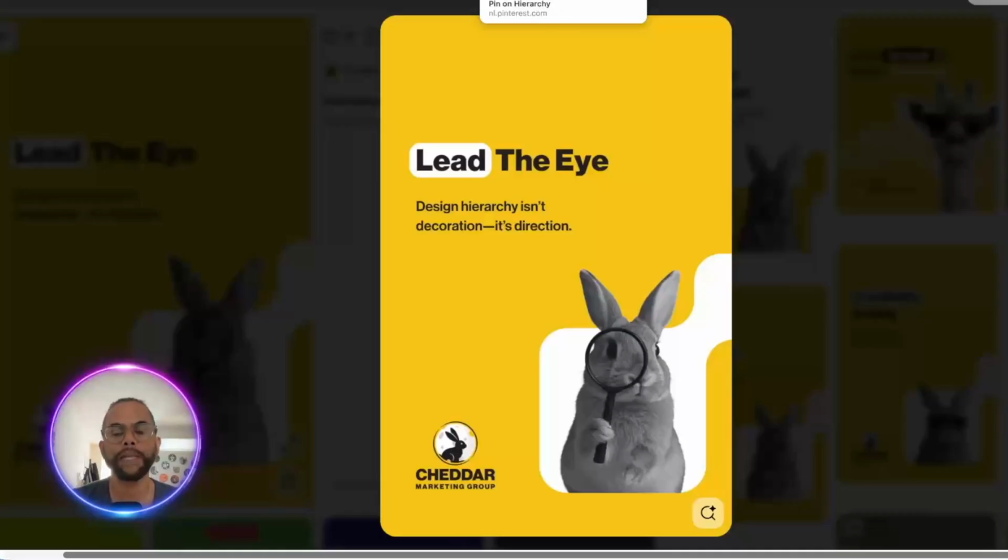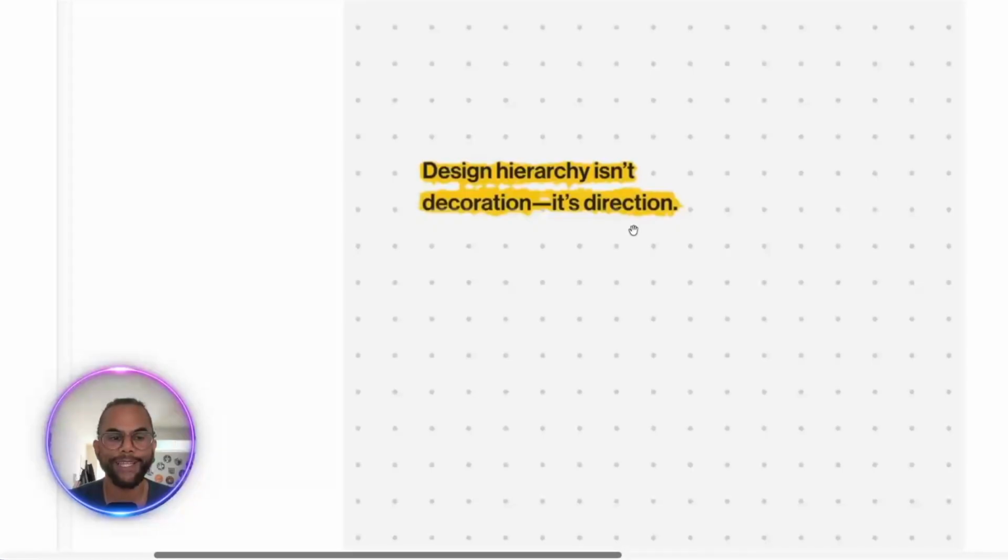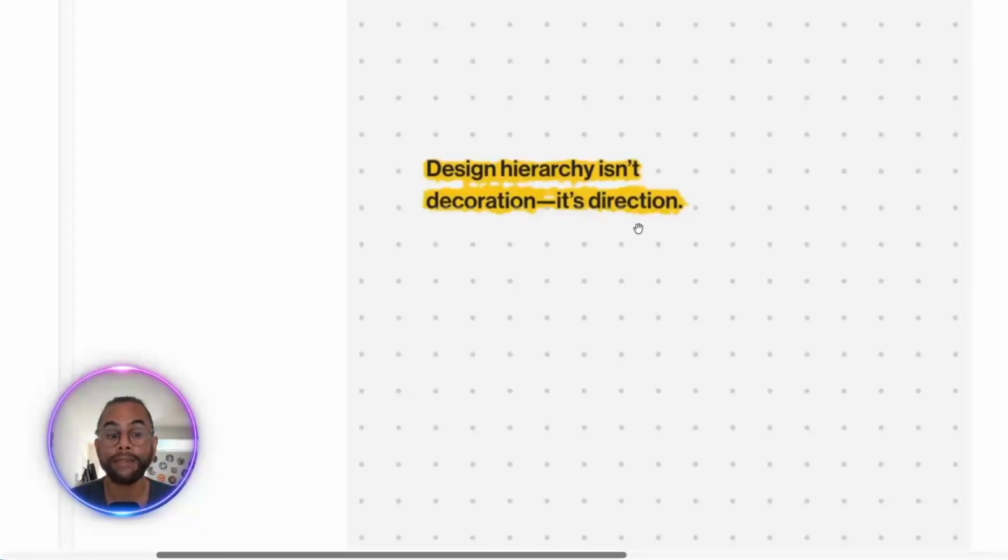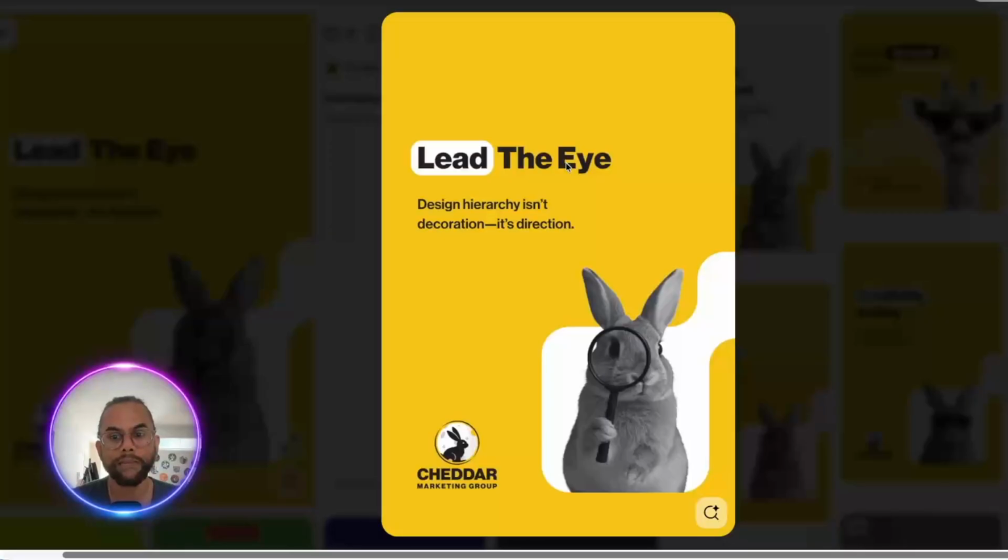Now, if you compare that sentence to the one underneath, the designer is telling you exactly what to read first and what can wait until later. Do you notice something else too? I think the rabbit is a large image, but because the headline is heavier and positioned higher, your eyes naturally begin with the text. And that's hierarchy through weight.